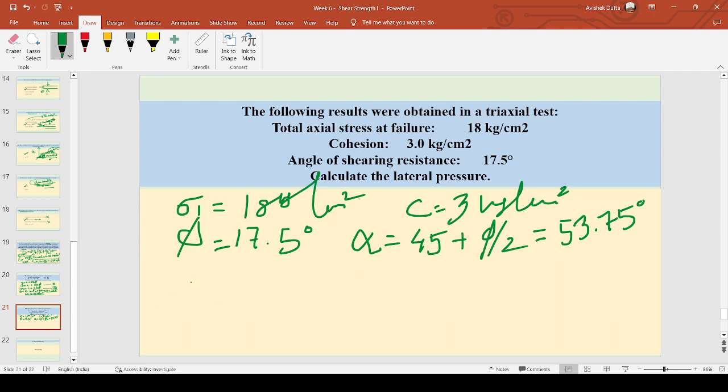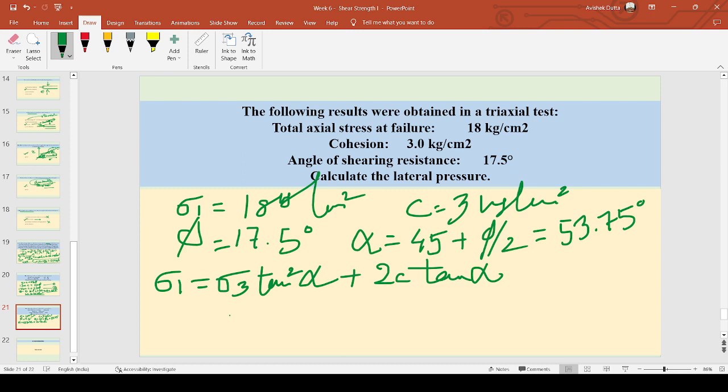Now we have this equation: sigma 1 for triaxial test condition equals sigma 3, the confining pressure, times tan square alpha plus 2c tan alpha, where alpha is the angle made by the failure plane with the plane of the major principal stress. So we have to find out sigma 3.